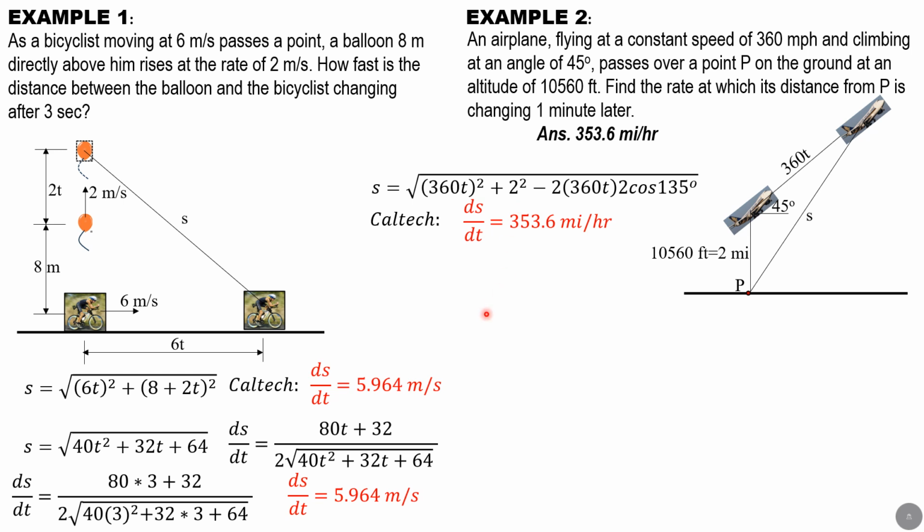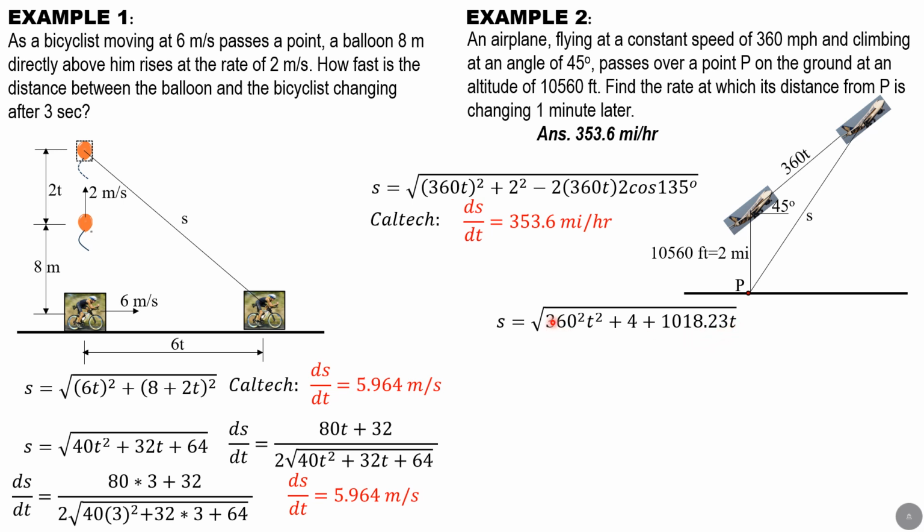You'll get that. So likewise, by the traditional solution, S is the square root of 360 squared t squared plus 4. Then combining this, that's positive. So 360 squared t squared plus 4 plus positive 1018.23t.